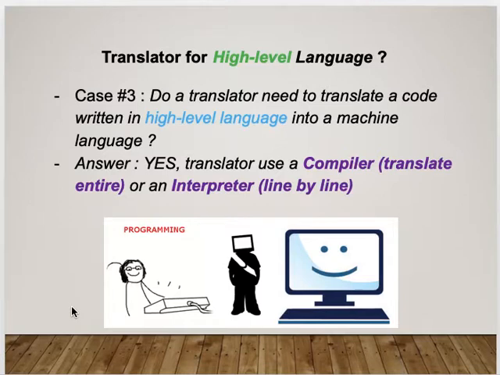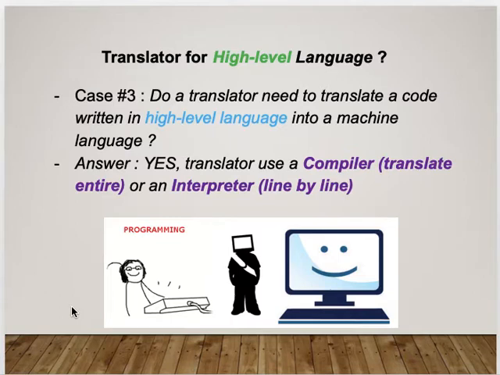The last one is a high-level language. Do high-level language need translator? Of course, because high-level language is a programming language that is very similar to English language. So computer doesn't understand this similar English.